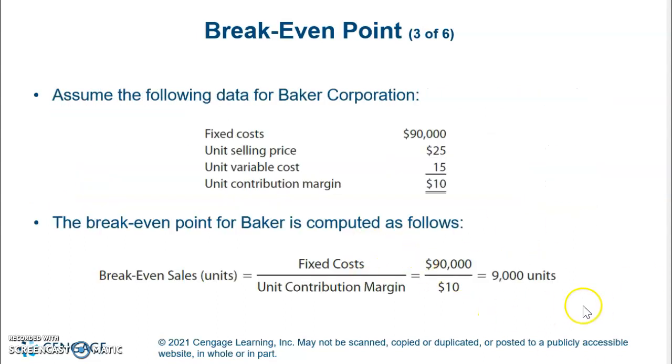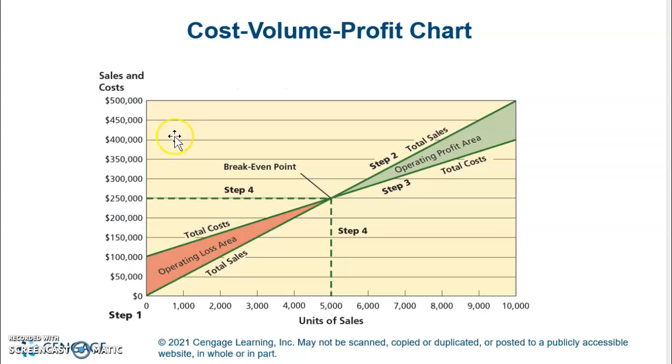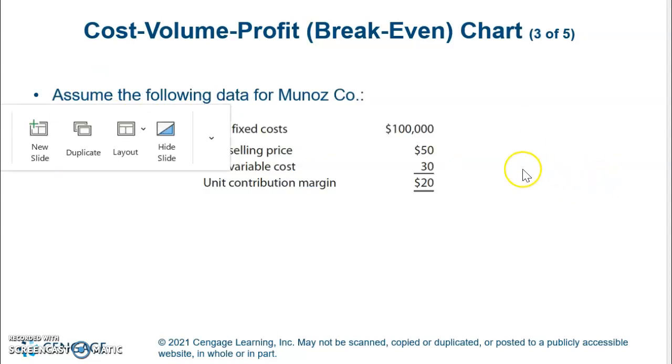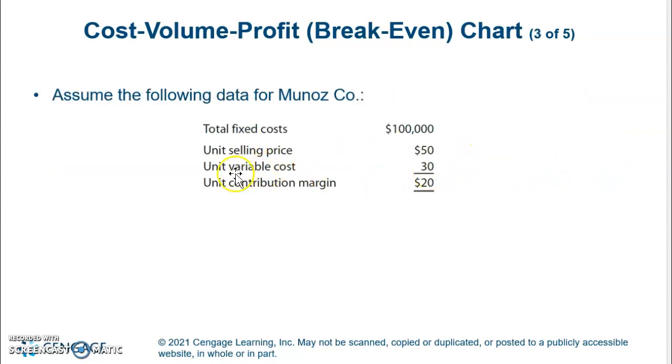Okay. Our break even was 9,000, so this must be a different example here. Okay, yeah. So it's telling us here that our break even was 5,000 units. So I skipped a few slides, we're using different information here for Munoz Company.